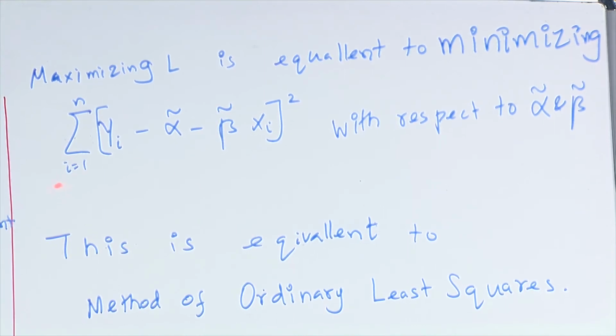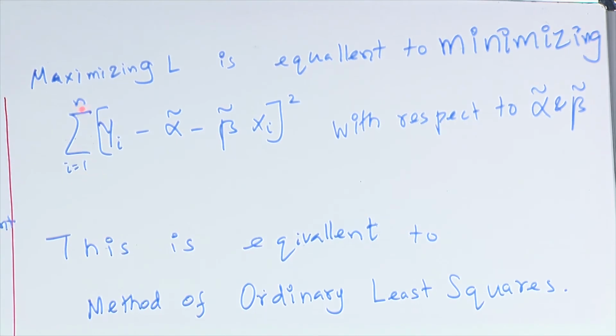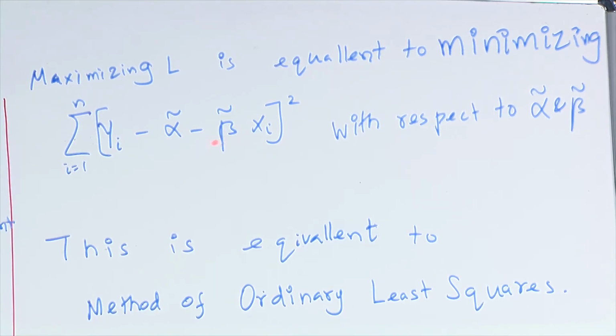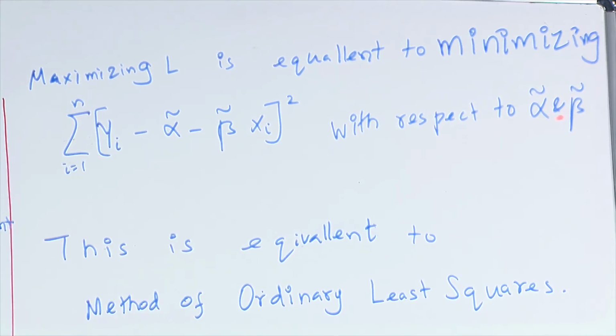They are monotonically increasing functions, and so maximizing L is equivalent to maximizing minus of this term, or otherwise minimizing the positive of the negative term. So, here we are converting the maximization problem into a minimization problem. Maximizing L is equivalent to minimizing the sum over i from 1 to n of (yi minus alpha tilde minus beta tilde xi) whole square with respect to alpha tilde and beta tilde.